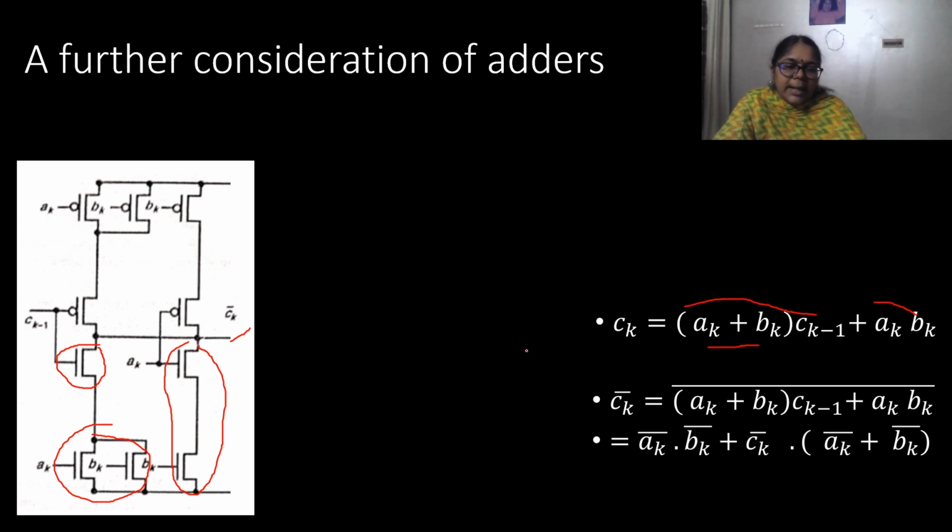So when we are designing the PMOS part of the circuit, we will take these terms as inputs to the gates of the PMOS transistors. So when I say A bar, it implies that A is given to the gate of the PMOS transistor. Into B bar implies these two PMOS transistors are in series.